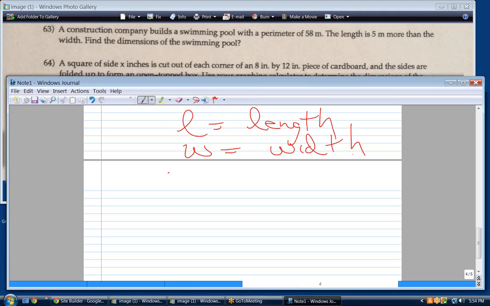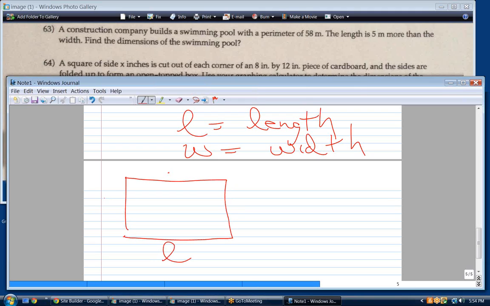Now we can write some equations. What does it mean if it says the perimeter is 58 meters? That the length times the width equals 58. That would be the area.